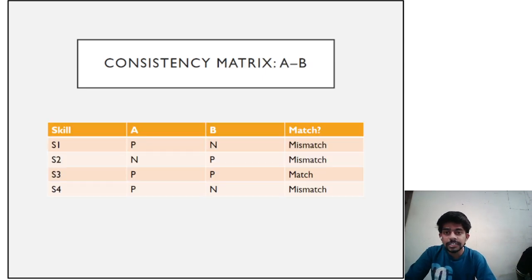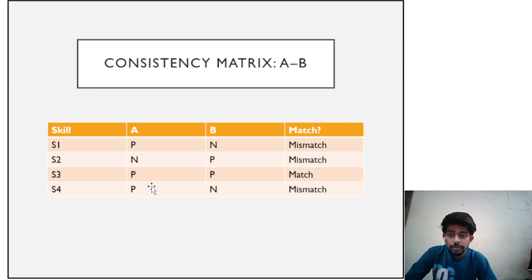So now let's construct a consistency matrix for AB. Let's start with the first pair, A and B. We can compare skill by skill. In skill 1, A has P, B has N. In skill 2, A has N, B has P, which is also a mismatch. In skill 3, A has P, B has P, which is a match.